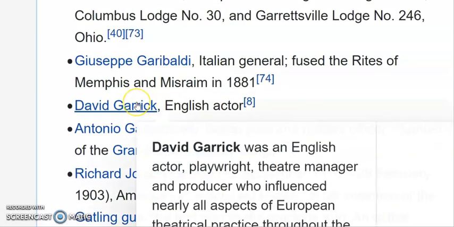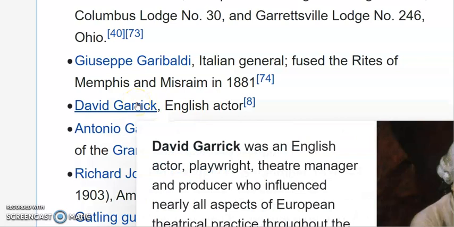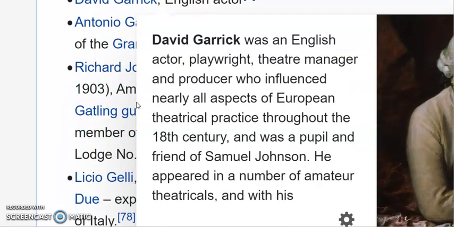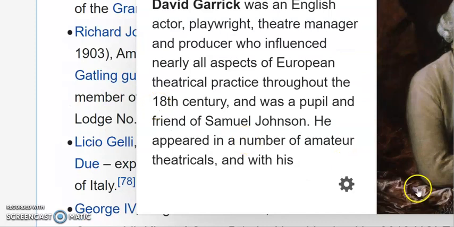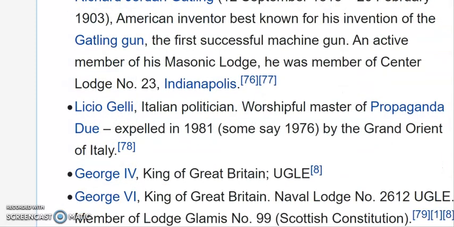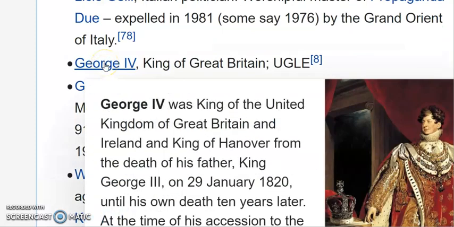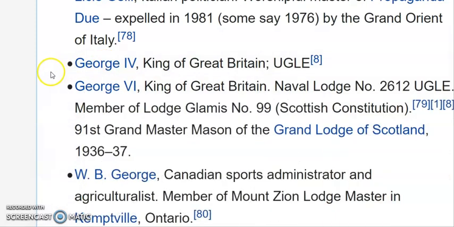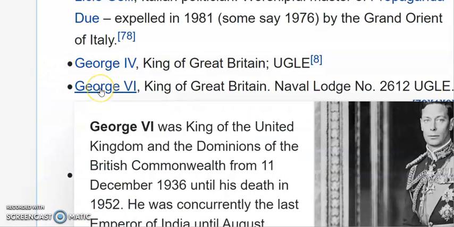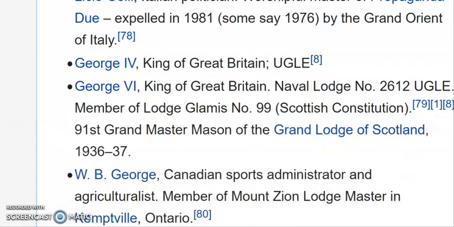David Garrick. George IV. George VI. Grandmaster, 91st Grandmaster Mason, Sir Lodge Glamis, The Spell.